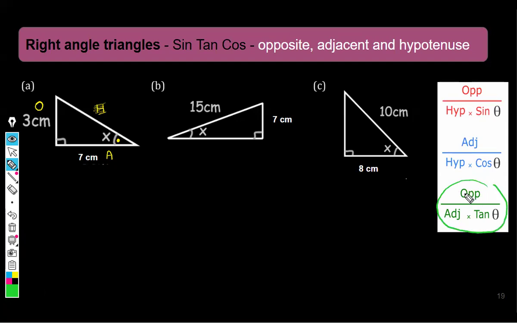That's the only one with O and A, opposite and adjacent. So we know which formula we're using: opposite over adjacent, multiplied by tan theta. Everyone write down the chosen formula.